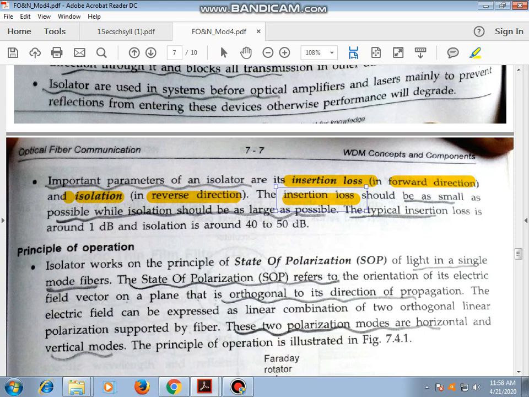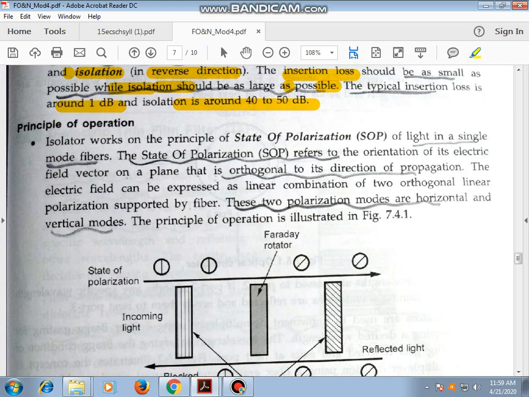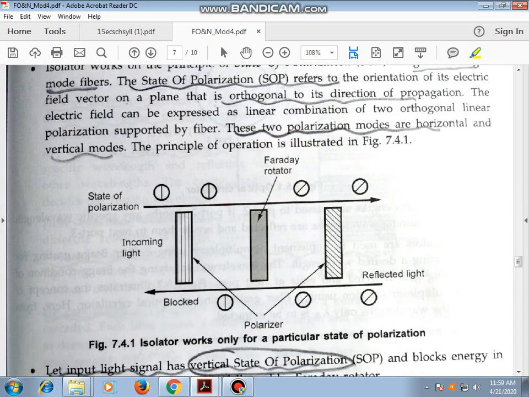The insertion loss should be as small as possible, while isolation should be as large as possible. Because of this, the typical insertion loss is around 1 dB and isolation is around 40 to 50 dB. Next, in this diagram you can see how this isolator works.